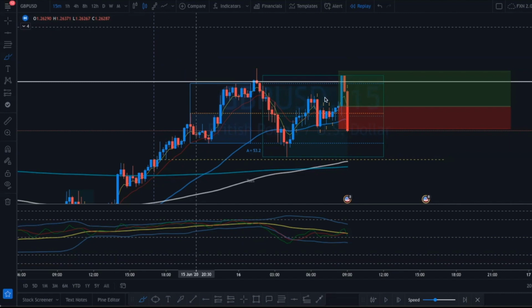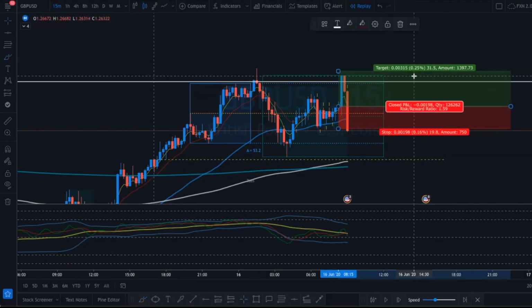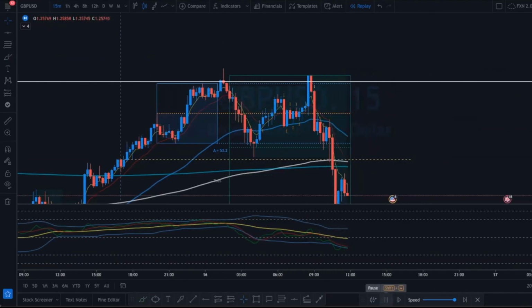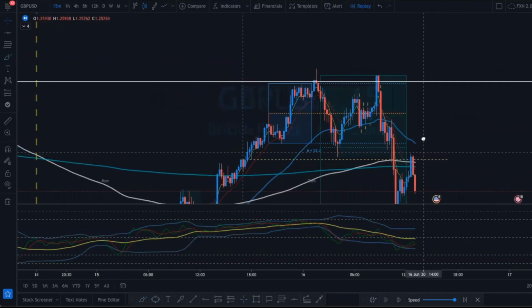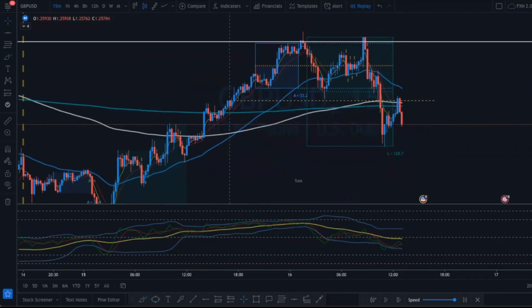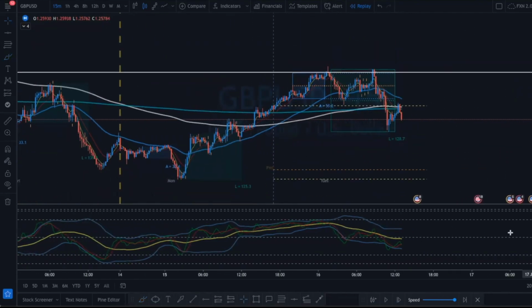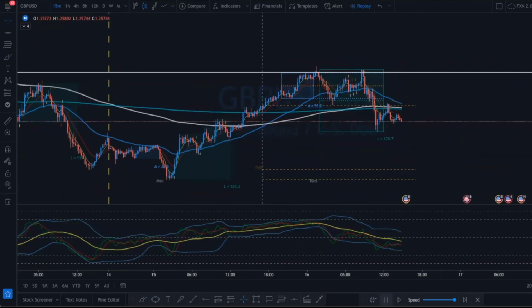But this is a multi-session M, and this should probably go more down, I assume. For the rest of the week, it just kept going down from there.